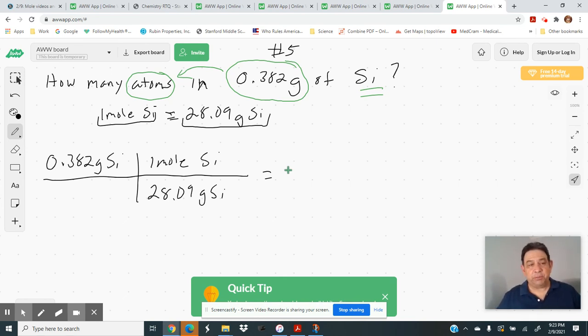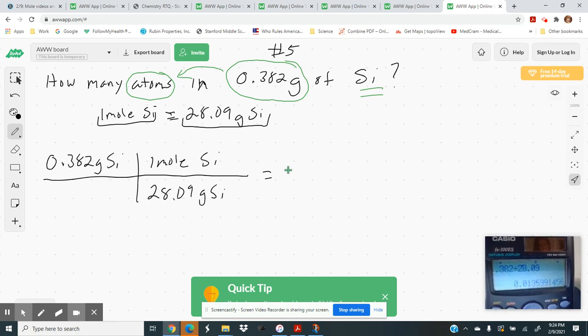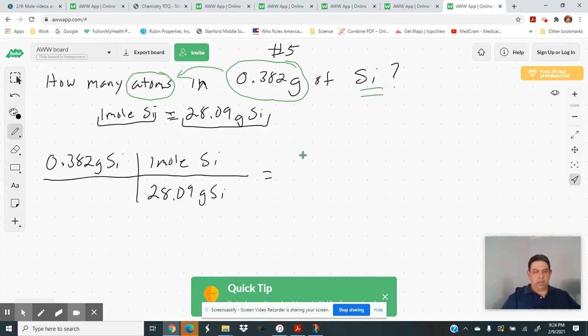That equals 0.382, very small. This is like 382 milligrams. 0.382 divided by 28.09, and I get 0.0136.